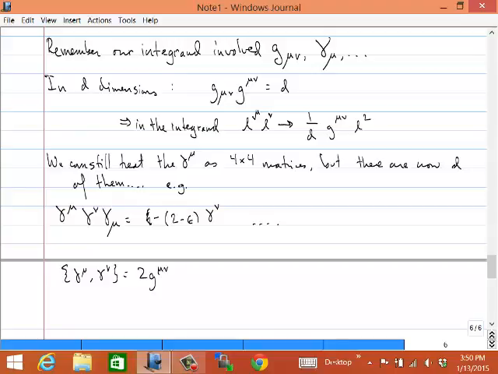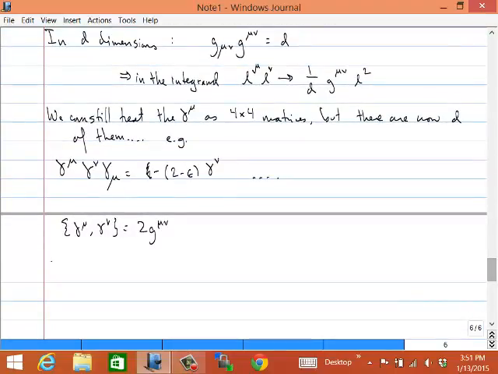Okay, so let's go ahead and compute the photon self-energy in dimensional regularization. Let's first just consider that leading term, the one that gave us the quadratic divergence.